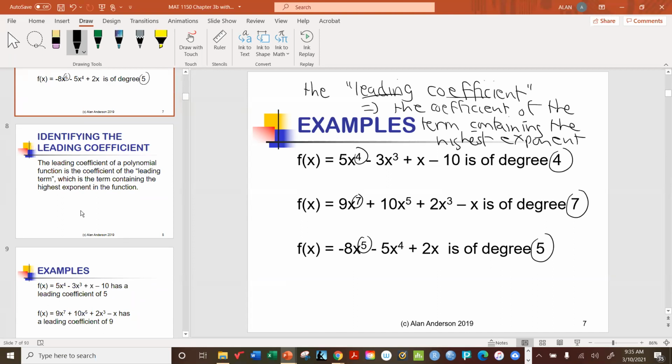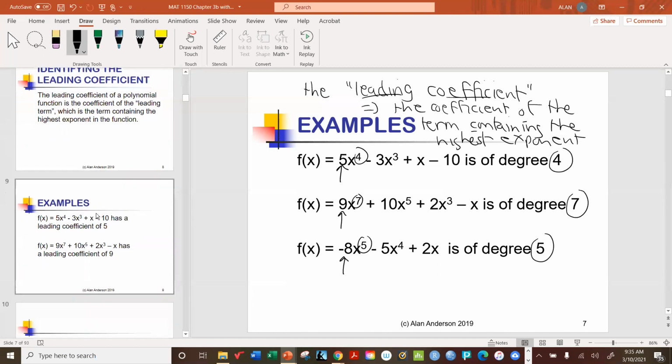There's obviously one coefficient for each term, but the leading one, which often is important for our formulas, refers to the coefficient of the highest order term in the function. So for now, we'll just remember that this is the case. We're not going to do anything specific with it just yet.